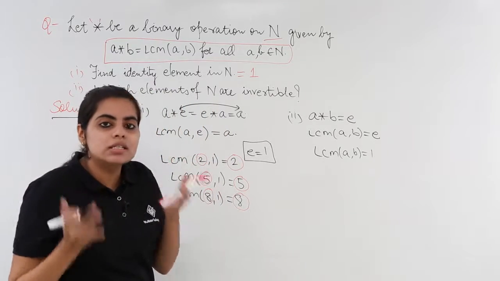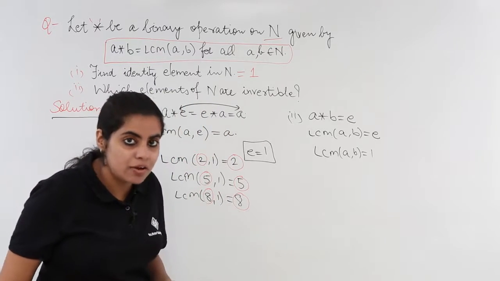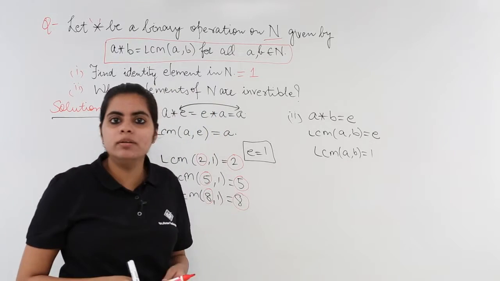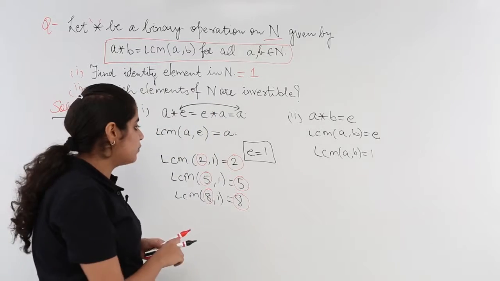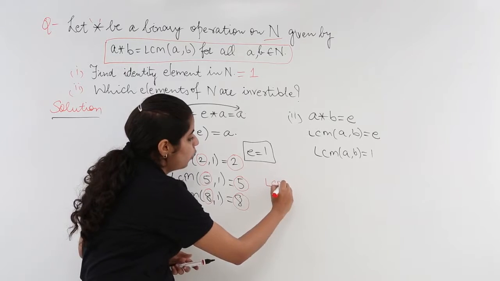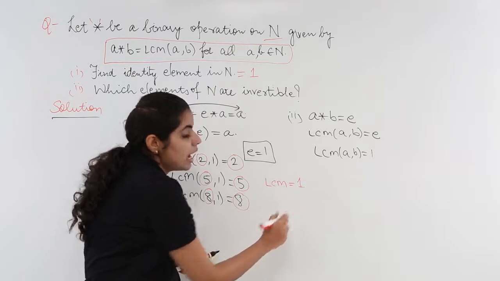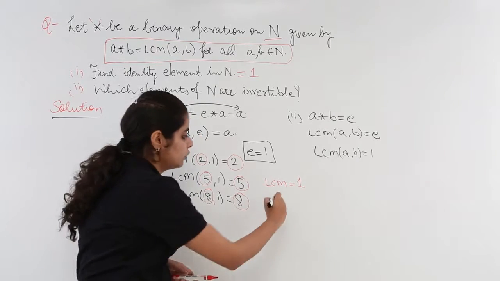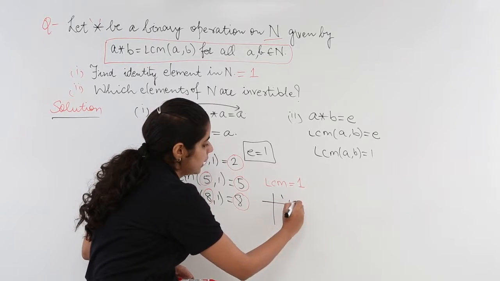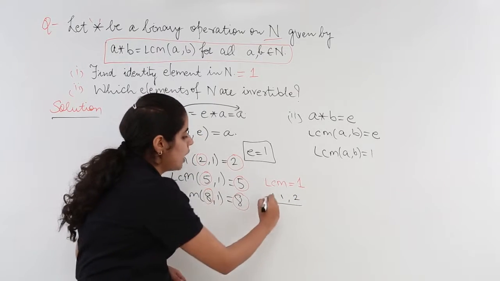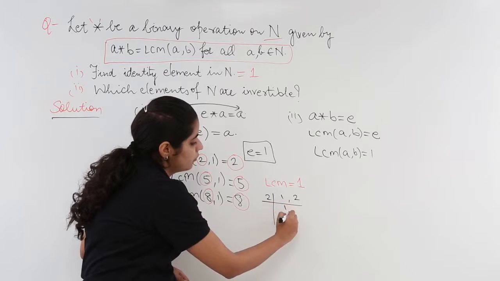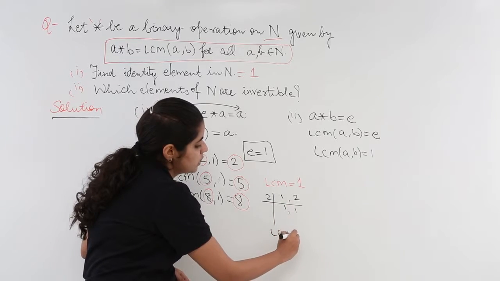Now under what circumstance do I have the LCM of anything as 1? LCM would be 1 if and only if both the elements are 1. You remember we found LCM this way. Suppose it is 1 and 2, I used to write 2 here, 1, 1, so my LCM was 2.